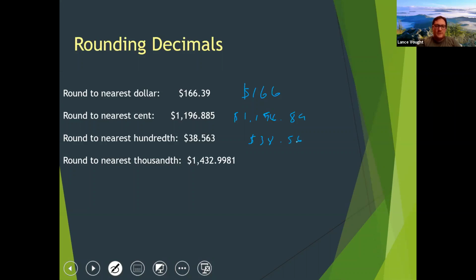And then we round to the nearest thousandth. We get 432.998. But you could also round to the nearest hundredth, and then this becomes 1433.00.